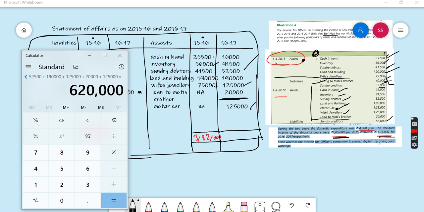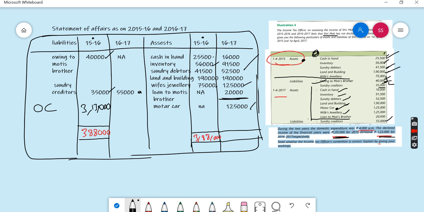So you will get 6,20,000 this side. So put that figure on both sides.